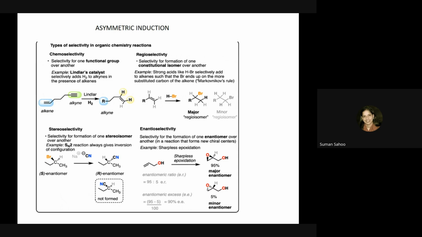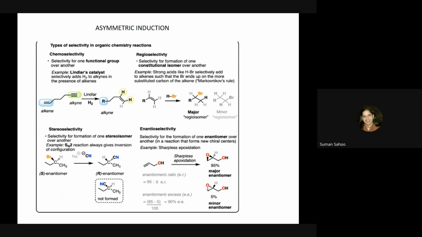Okay, first chemoselective. Suppose we have two different types of functional groups. When we are using a catalyst, suppose in this case Lindlar catalyst, it attacks only your alkyne, in presence of alkane, so that is mostly selective to alkynes. So this type of selectivity is known as chemoselectivity.